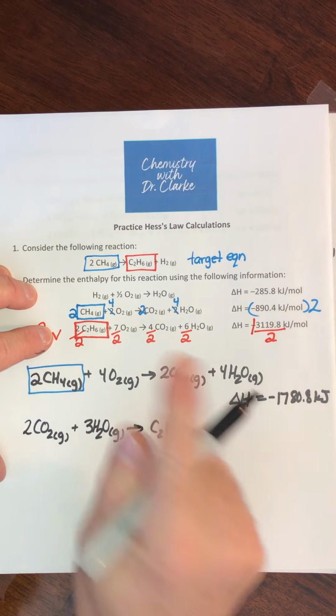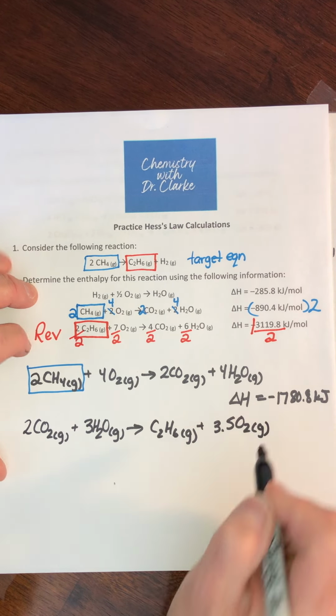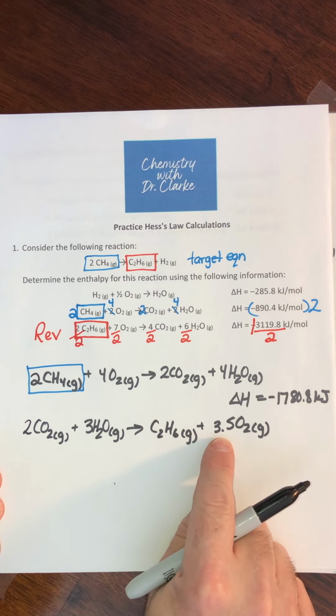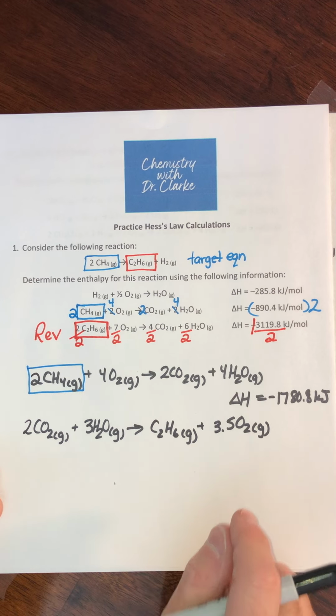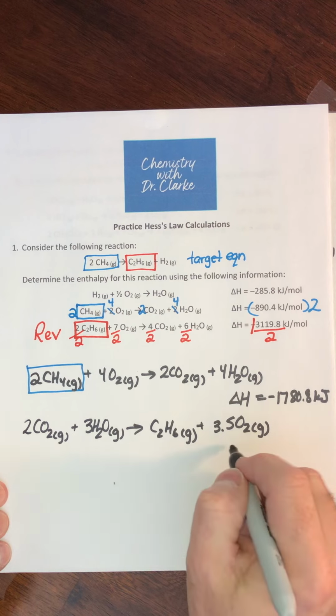And 7 divided by 2 gives me 3.5 oxygen gases. Okay, that's not overly nice. But for Hess, you are going to find that you're going to end up with decimal coefficients all over the place. Okay, we'll just work with them. It's one of those facts of the problem.